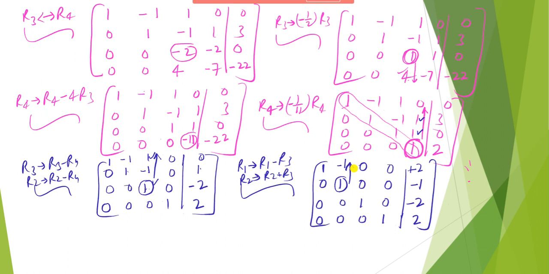So when we perform the row elementary operation R1 is R1 plus R2, we obtain the reduced system in the form 1 0 0 0 1, 0 1 0 0 minus 1, 0 0 1 0 minus 2, 0 0 0 1 2. So this is the diagonal matrix, also known as the identity matrix.